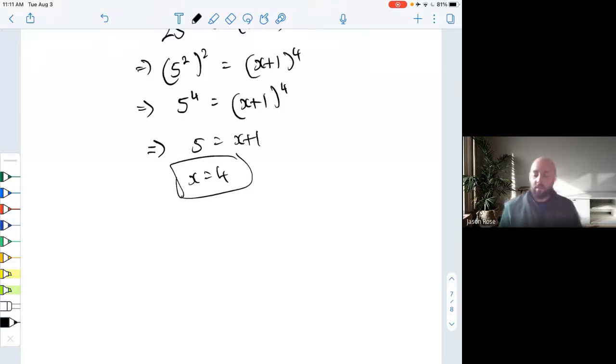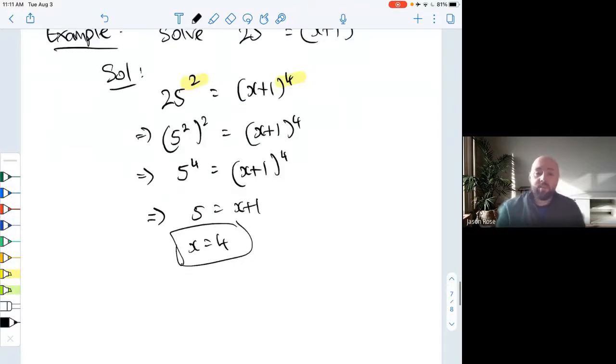For example, what if that wasn't 25 squared? What if that was 24 squared? I couldn't say that 25 is 5 squared, and oh, look, magic, we have 4 as the power on the right and on the left, so we can keep going. We're in a bit of trouble if that's 24 squared, or if it was just 24. Logs are your friends in those cases. You're actually able to use logarithms to solve in those more awkward cases. And we'll be doing that today as well.